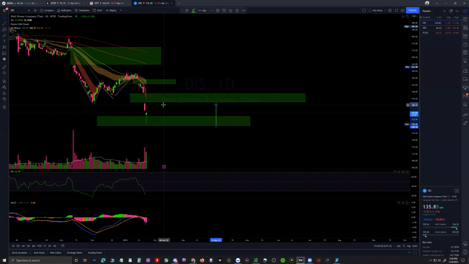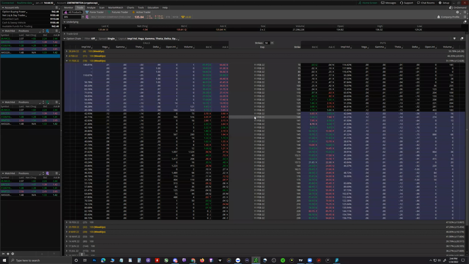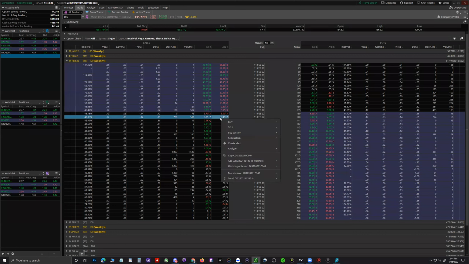Let's even do 140. Let's see what 140 is. Yeah, 345. Theta's a bit high. But this is also one of those where if it hits, it's going to be big.